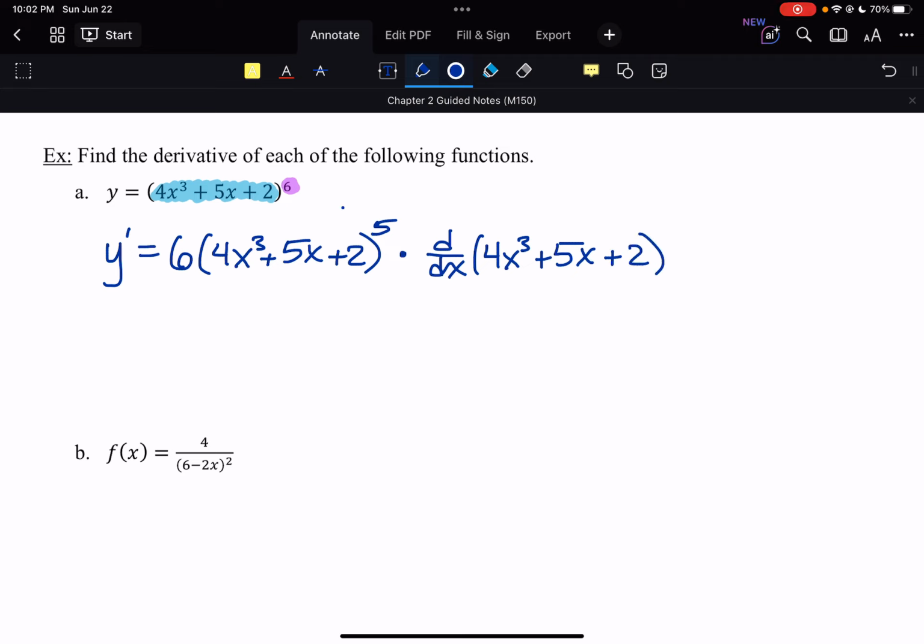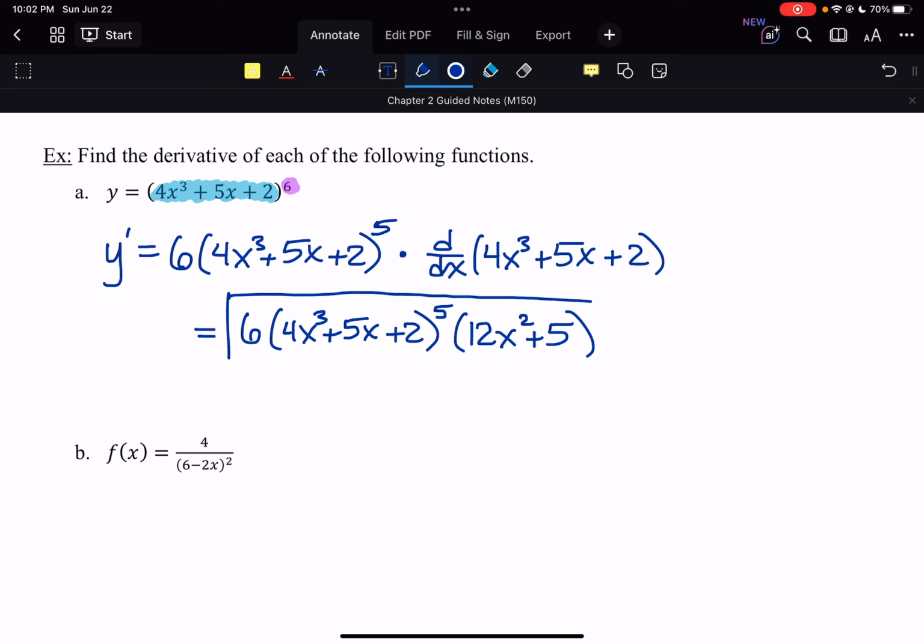So it's derivative of the outside times derivative of the inside. So we have 6 times (4x cubed plus 5x plus 2) to the 5th times (12x squared plus 5). And that would be the derivative.